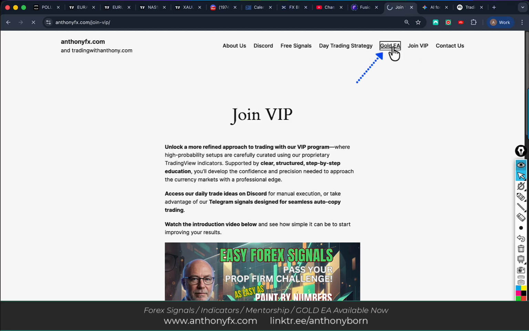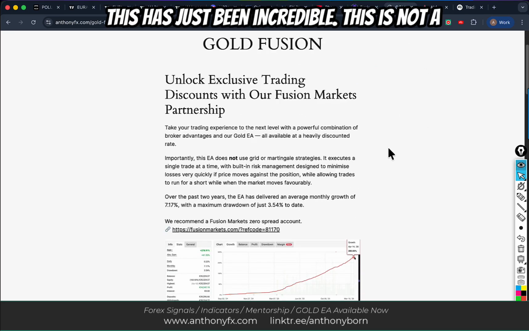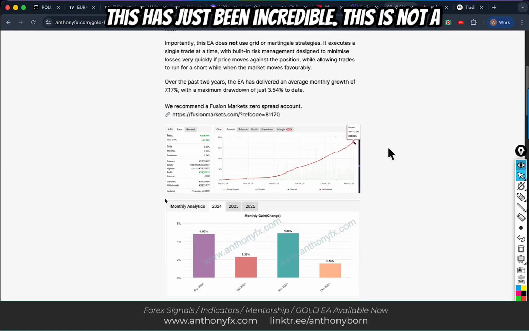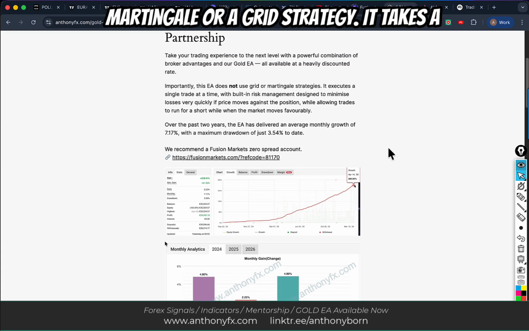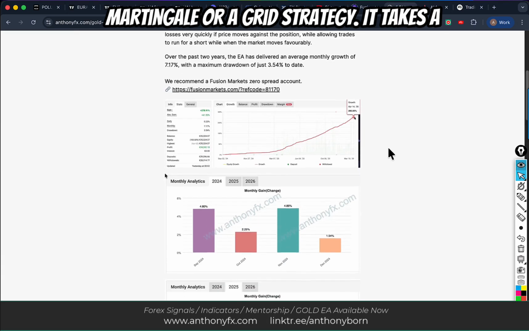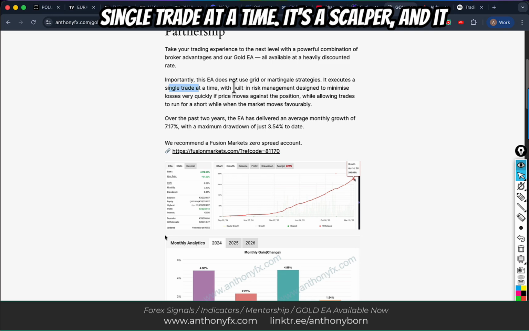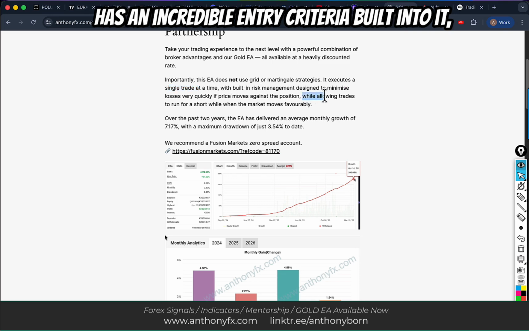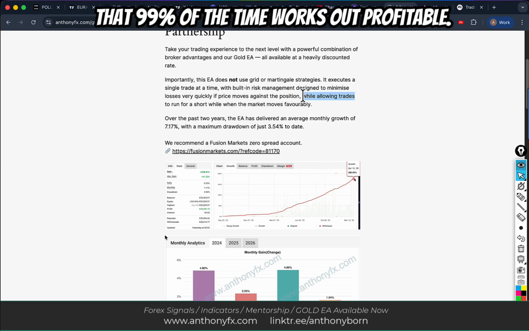And here's some food for thought. This has just been incredible. This is not a martingale or a grid strategy. It takes a single trade at a time. It's a scalper, and it has an incredible entry criteria built into it that 99% of the time works out profitable.